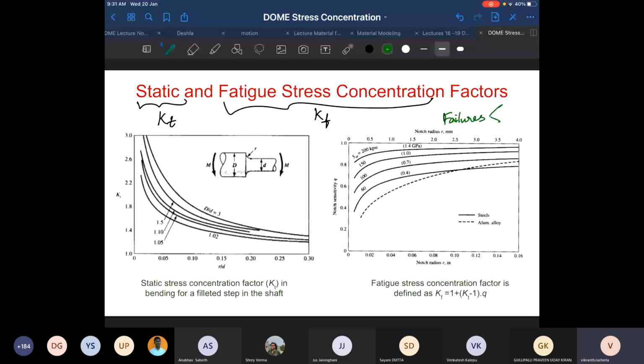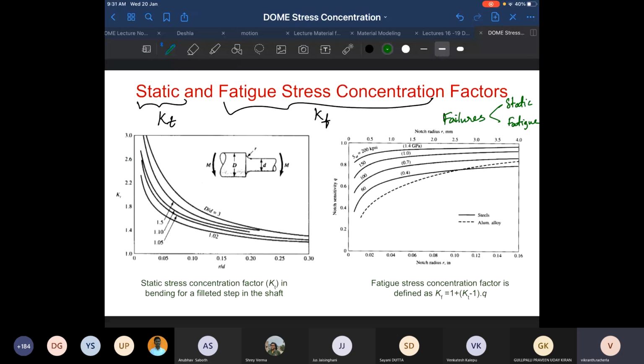Static and fatigue. Static means in an application, at some point of time there was a lot of loading, and you want to know whether that load can cause a failure in the material. That is static failure. Fatigue failure means you are repeatedly loading the material, and probably after 100,000 cycles or 1 million cycles the material will fail.